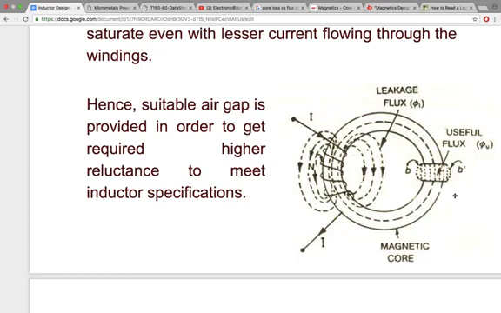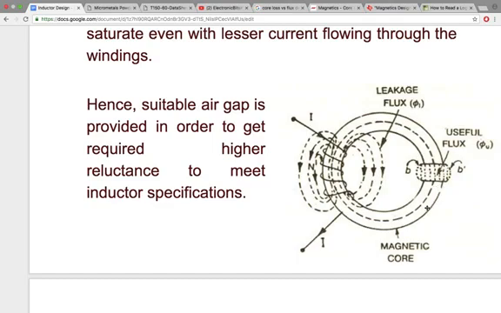But anyway, if we introduce more air gap, they start leaking out, which again affects our inductance value and our magnetic property. So the air gap is a problem if you increase it to a very large number.